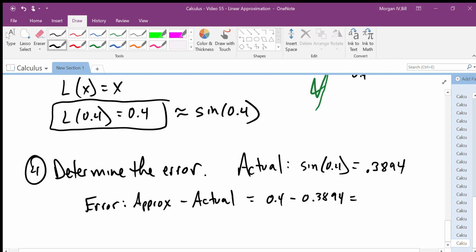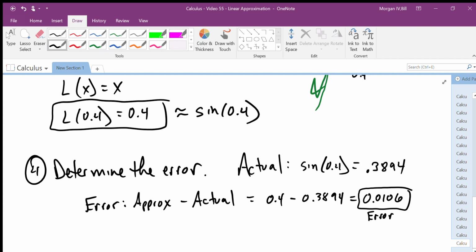And if you subtract that, you get 0.0106. And that is the error. Honestly, that's pretty close, right? The line as an approximation of the curve sin of x at 0.4 was only off by 0.0106.